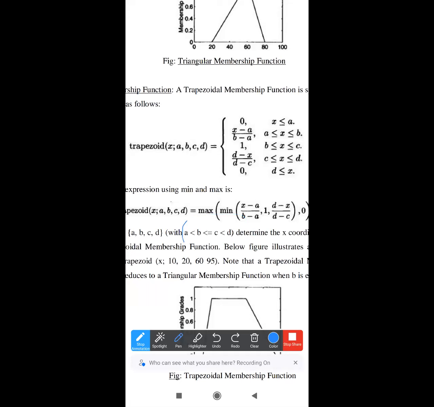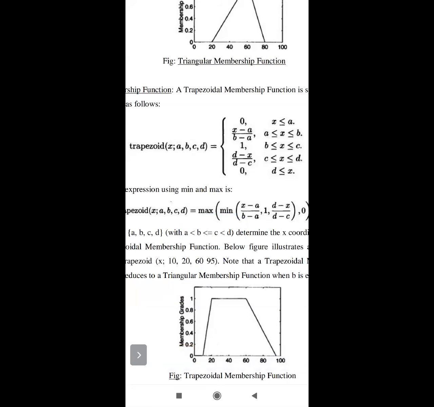So when a is less than b, which is less than or equal to c, which is less than d, then we get this one.